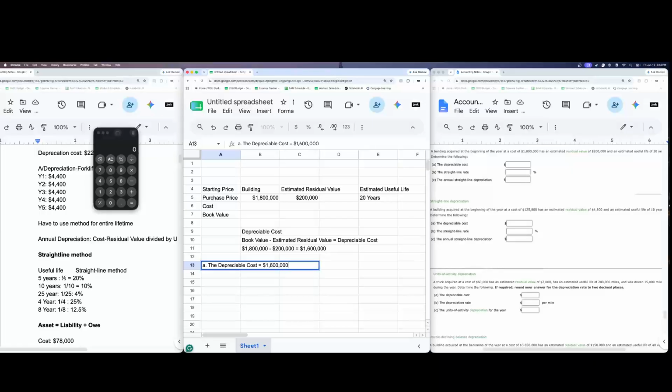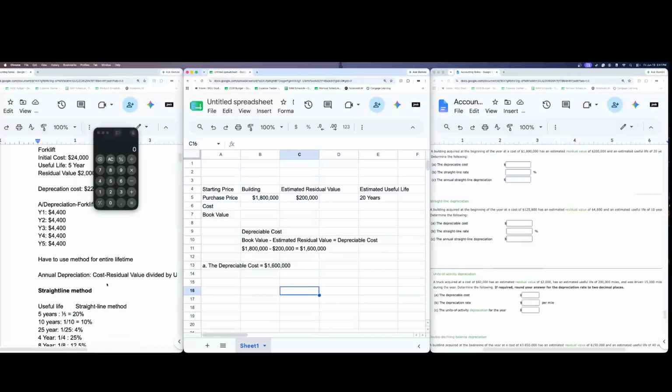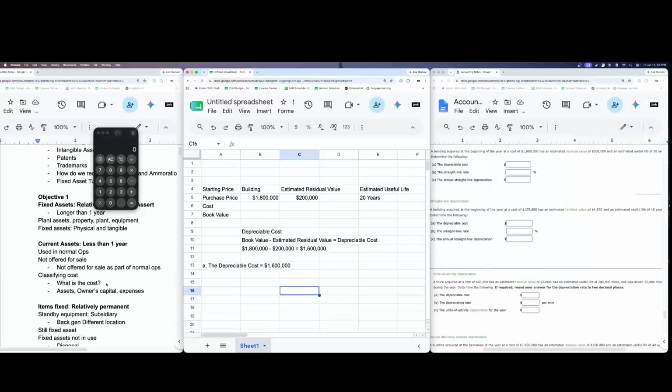$1,600,000. Now, what they want is the straight line rate, as in the rate of depreciation on a straight line. There are different ways you can depreciate assets.